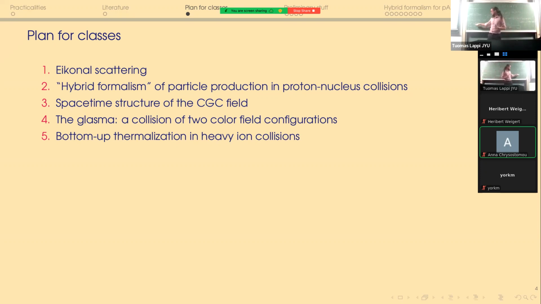And if this is a vector, then this is a matrix in color space. Also this field is a matrix, and an exponential of a matrix is a matrix. So this V is an SU(N_c) matrix. It's a unitary matrix in the group because it's an exponential of minus i times a Hermitian matrix in the algebra, and the exponential is a unitary matrix in the group.